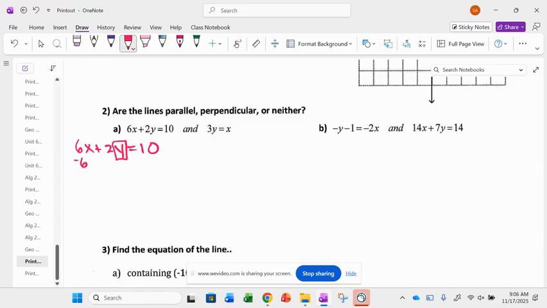I'm going to subtract that 6x. So I have 2y is equal to negative 6x plus 10. Then I'm going to divide everything by 2. And y is going to equal negative 3x plus 5.